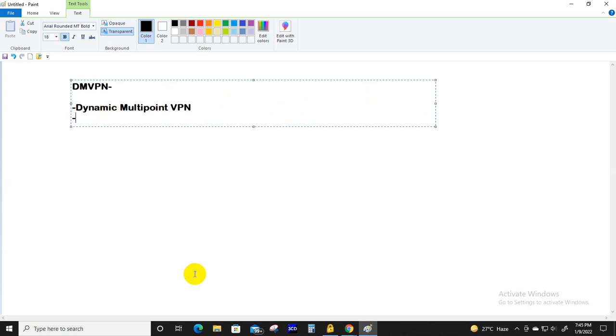Advantage: it allows to dynamically create full mesh IPsec tunnel.